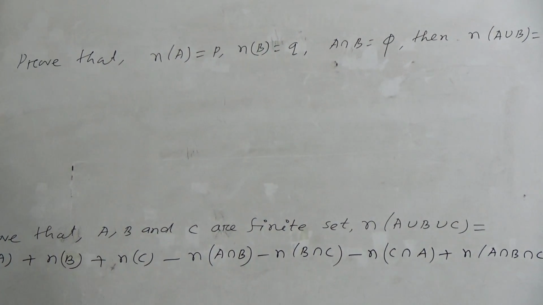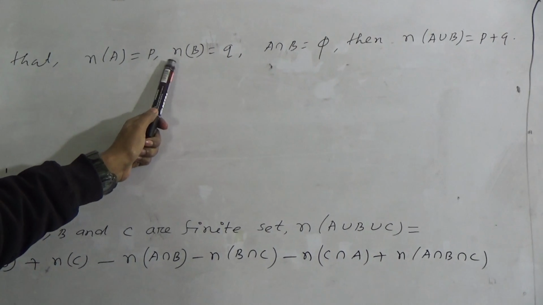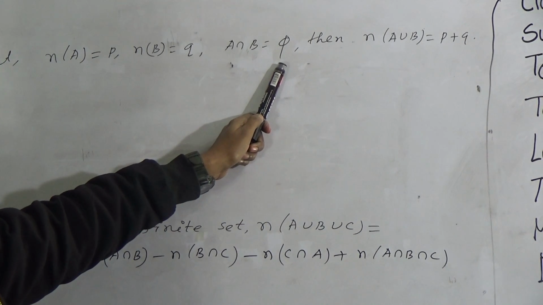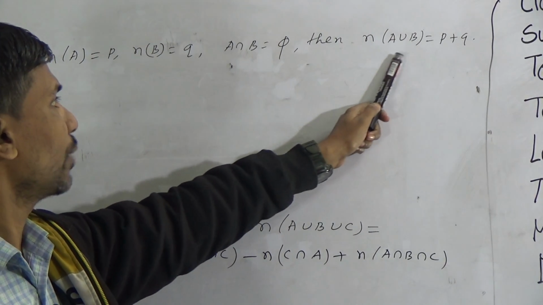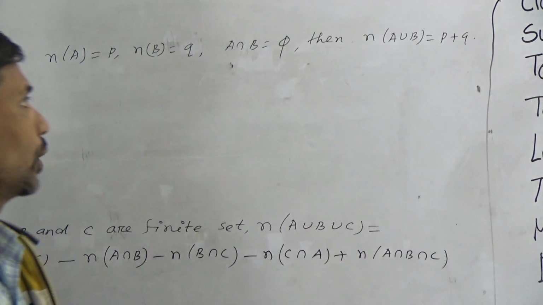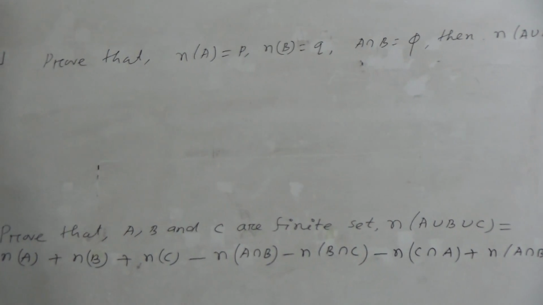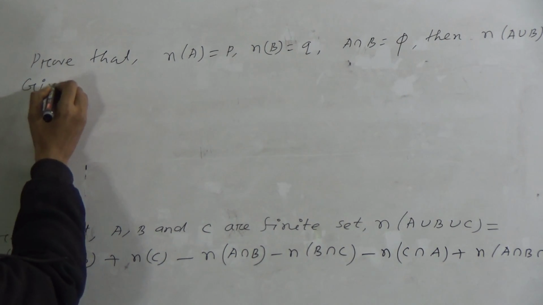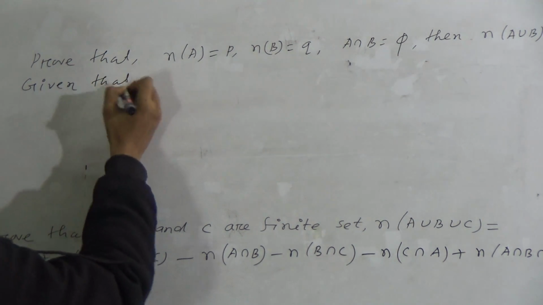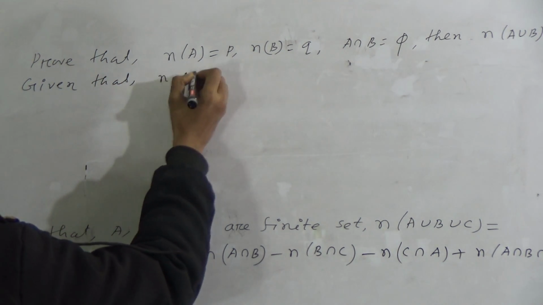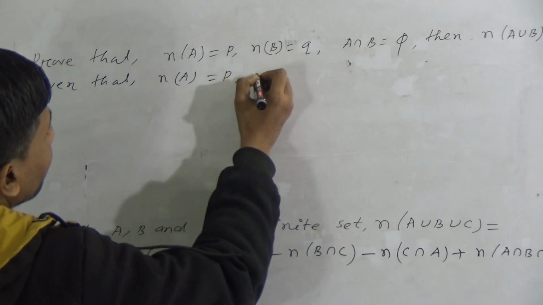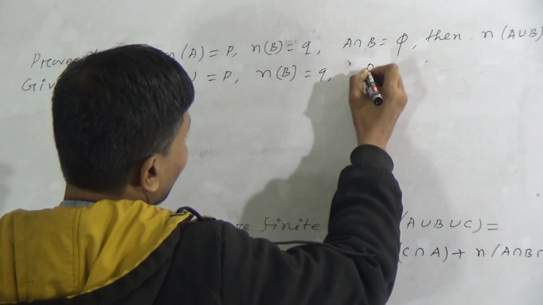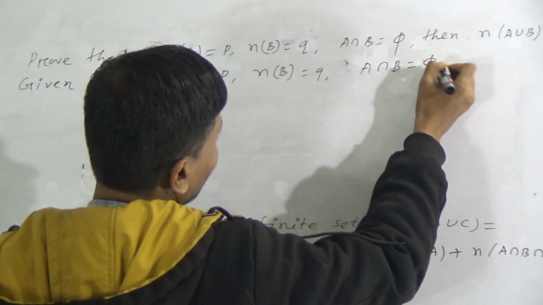Look, prove that if number of A equals P, number of B equals Q, and A intersection B equals empty set, then number of A union B equals P plus Q. Okay student, look, given that number of A equals P, number of B equals Q, A intersection B equals empty set.